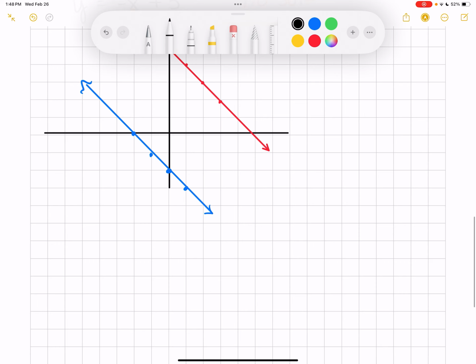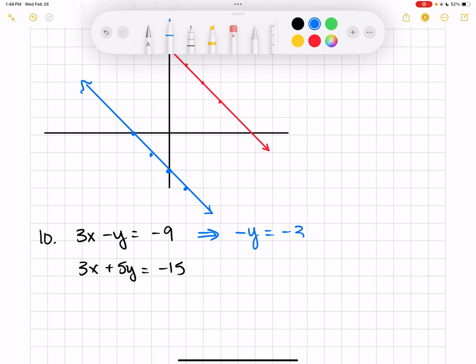Number 10: 3x minus y equals -9, and 3x plus 5y equals -15. All right, so I need to rewrite this first line to get y by itself. How do I do that? Subtract the 3x. So I've got -y equals -3x minus 9. Now what? Divide by the negative.